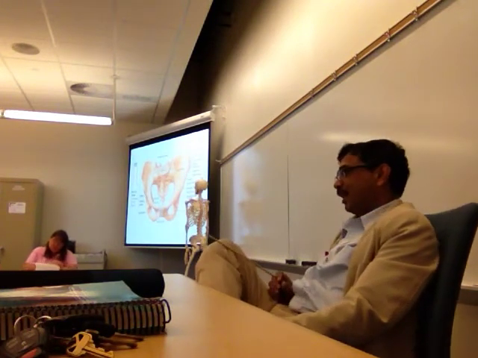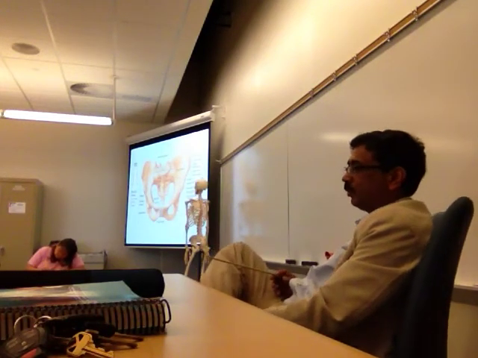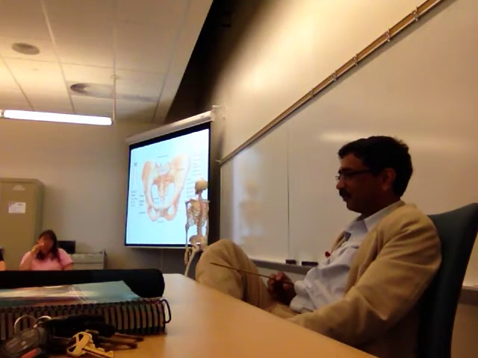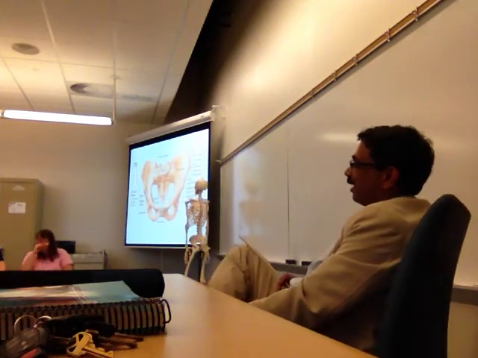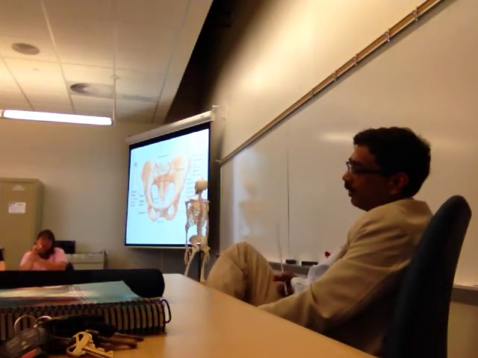Now, if you add the 2 hip bones and the sacrum together, that structure is called the bony pelvis. Okay, so the sacrum and the girdle together are called the bony pelvis. Okay. So this is the picture of a bony pelvis.